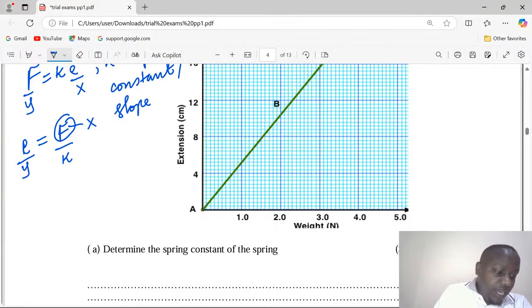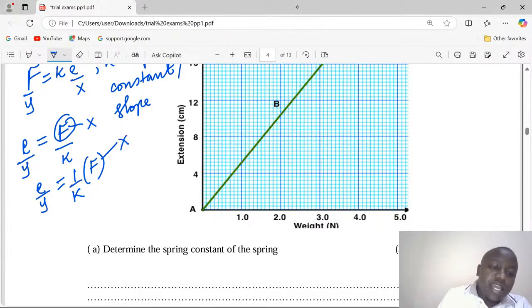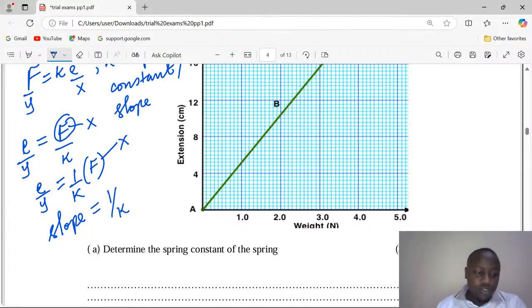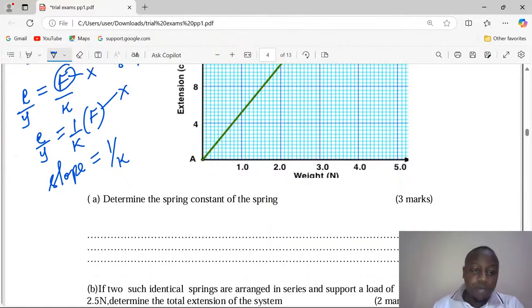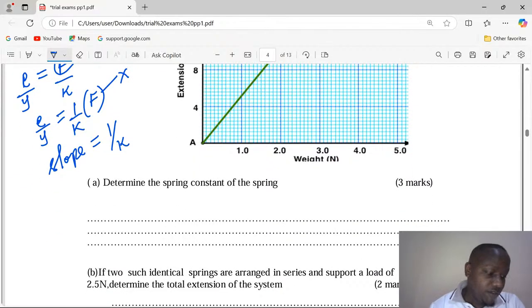So we have E on the y-axis and 1 over k multiplied by F, and F is on the x-axis, which means the slope is the coefficient of F, which is 1 over k. So we need to find the value of the slope, then equate it to 1 over k.